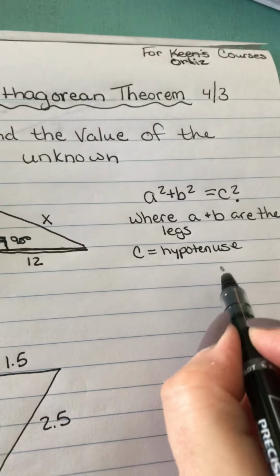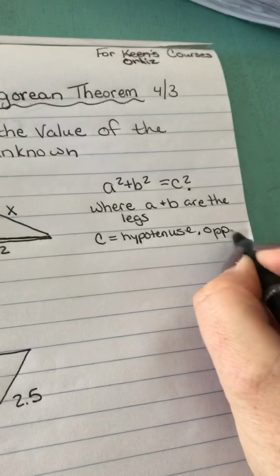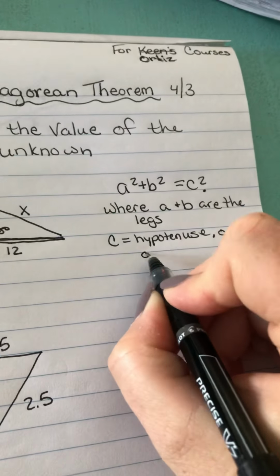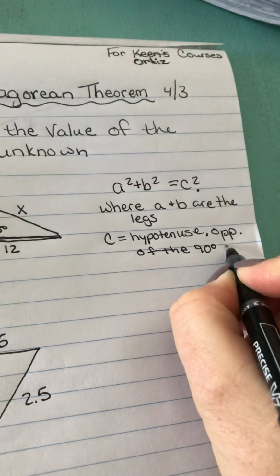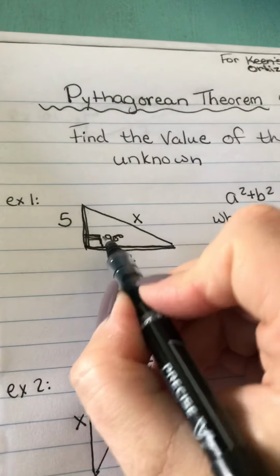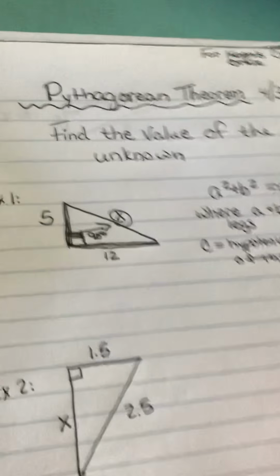Where c is the hypotenuse, and that is always opposite of the 90 degree angle. So in this case, our hypotenuse is represented by our x term, okay?